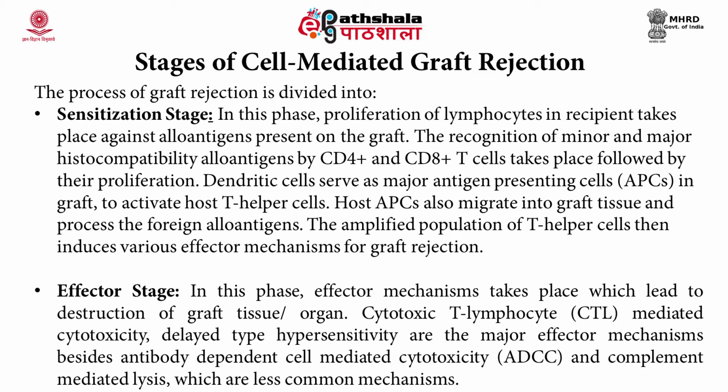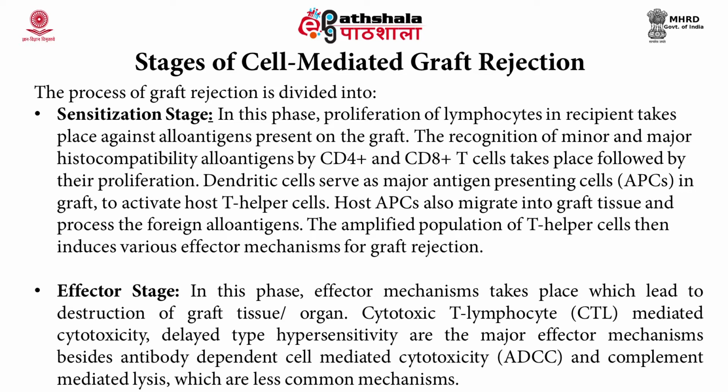Dendritic cells serve as major antigen presenting cells in the graft to activate host T helper cells. Host APCs also migrate to graft tissue and process the foreign alloantigens. In some tissues and organs, APCs of the graft also migrate to the lymph node of the recipient and stimulate T cell immune activation.